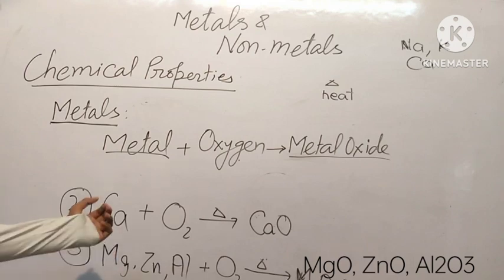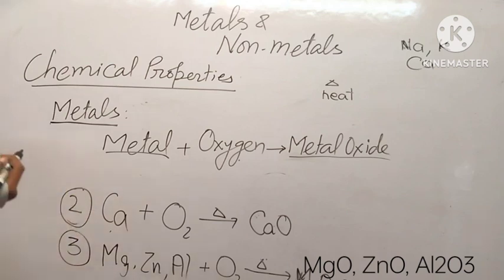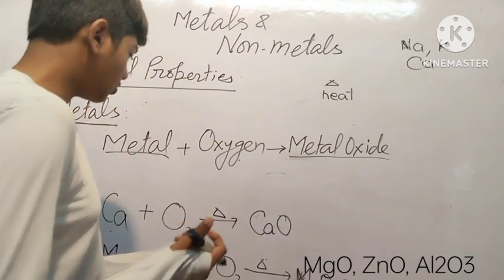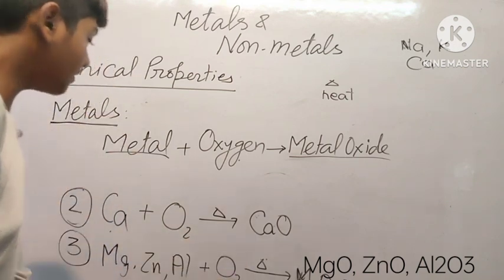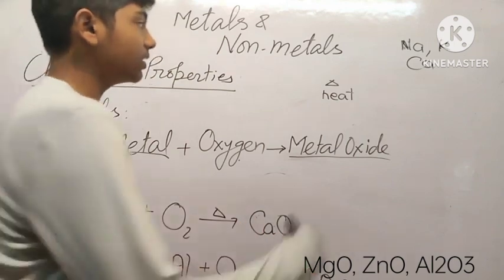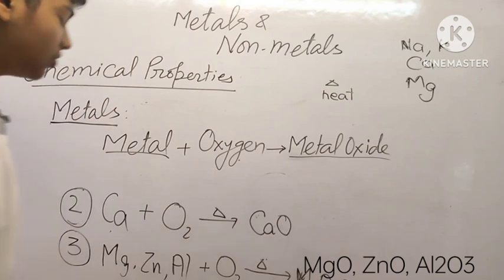Magnesium does not burn or do anything at room temperature. It just forms a thin layer of oxide, magnesium oxide, similar to calcium. And when we give a strong amount of heat, then it forms its oxide, MgO. So we can say that Mg is less reactive than calcium.